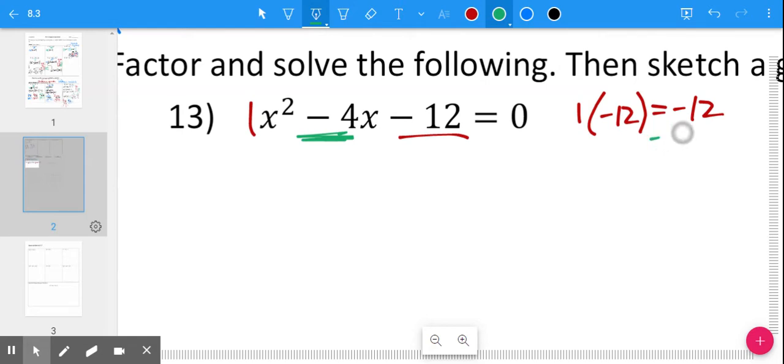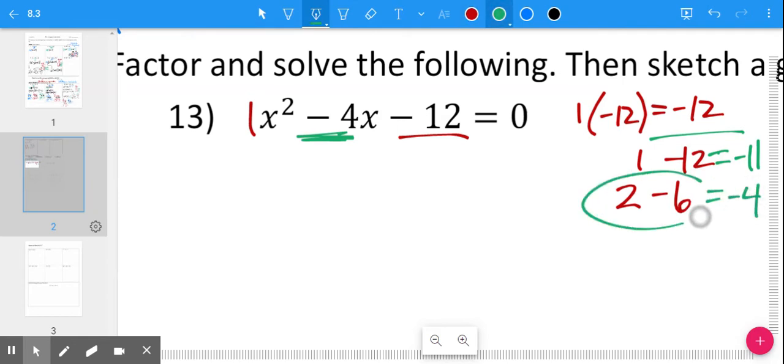In order for a positive and a negative to have a sum that's negative, the larger factor has to be negative. So if I do 1 times negative 12, I have a sum of negative 11. 2 times negative 6 has a sum of negative 4. There's your factors.